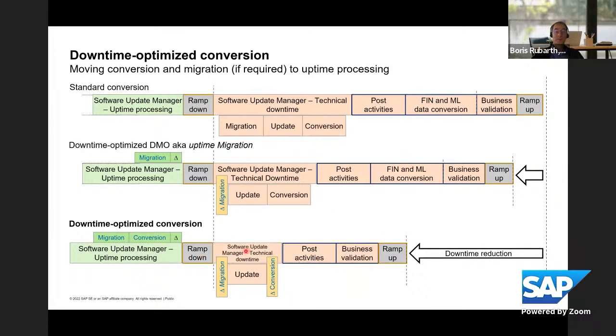So the Software Update Manager will also execute the FIN data migration in the uptime already and will consider changes by end users with a data replay approach. So in downtime, we have a data migration and a data conversion. But afterwards, we do not have this big block of FIN and Material Ledger data conversion any longer. And that's the reason why we have a higher downtime reduction for this approach.